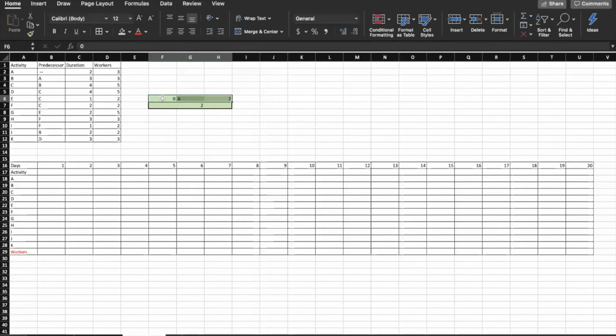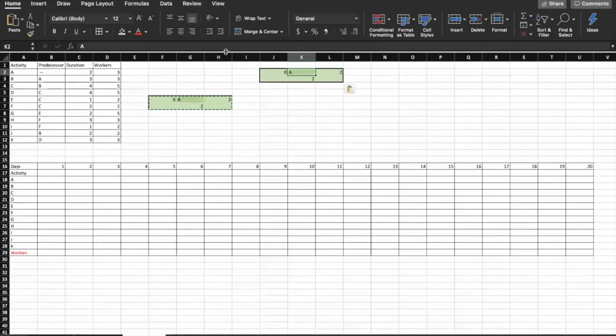So I will just copy A and put B right here. And we know that B starts right after A, which means that it will start on day 2, takes 3 days, and be completed on day 5.